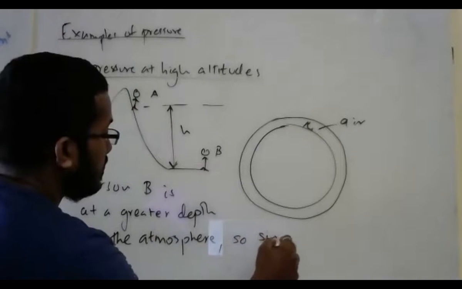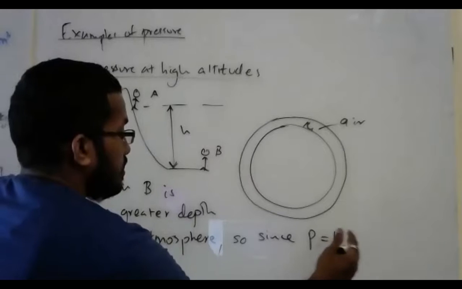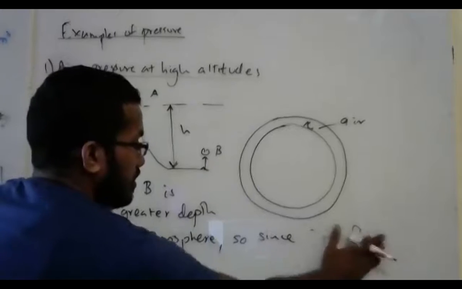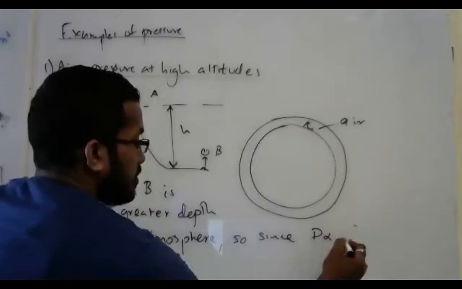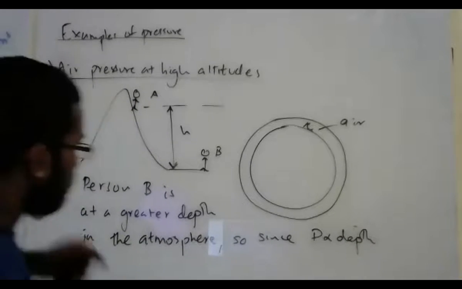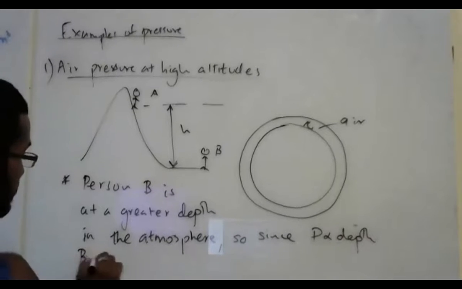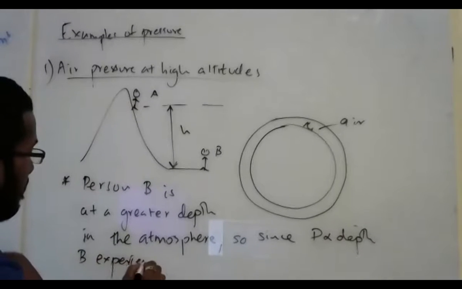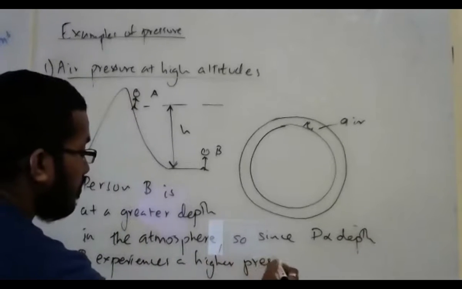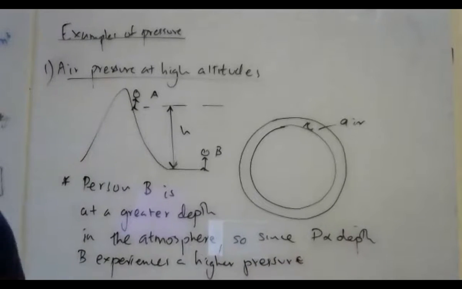So, since pressure equals h rho g, the pressure is proportional to depth. B experiences a higher pressure.